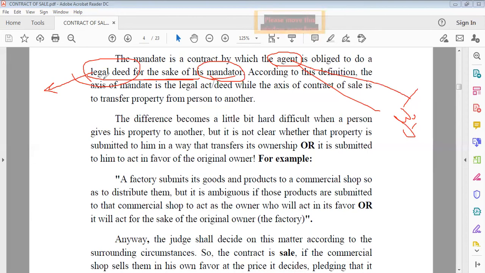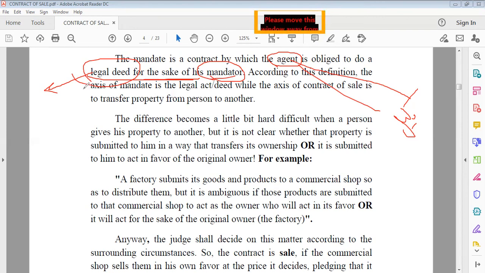So, for example, when I make an agency or a contract of mandate by which I ask Baha to buy a land for my sake, to buy a land means it is a contract of sale. It's a legal work. So when I appoint Baha to buy a piece of land for me, this mandate contract is a contract by which Baha is obliged to carry out a legal act for me, a legal act called sale and purchase. So always the obligations of the agent are legal ones.